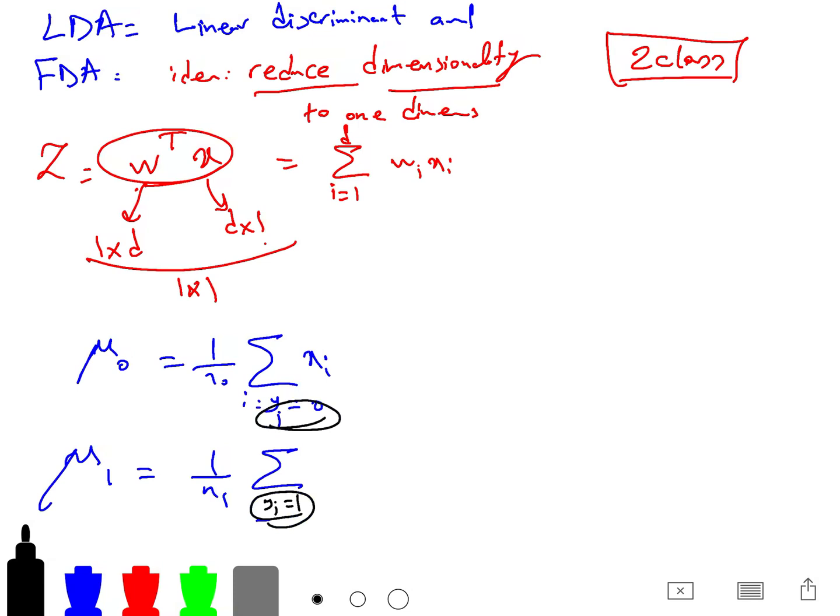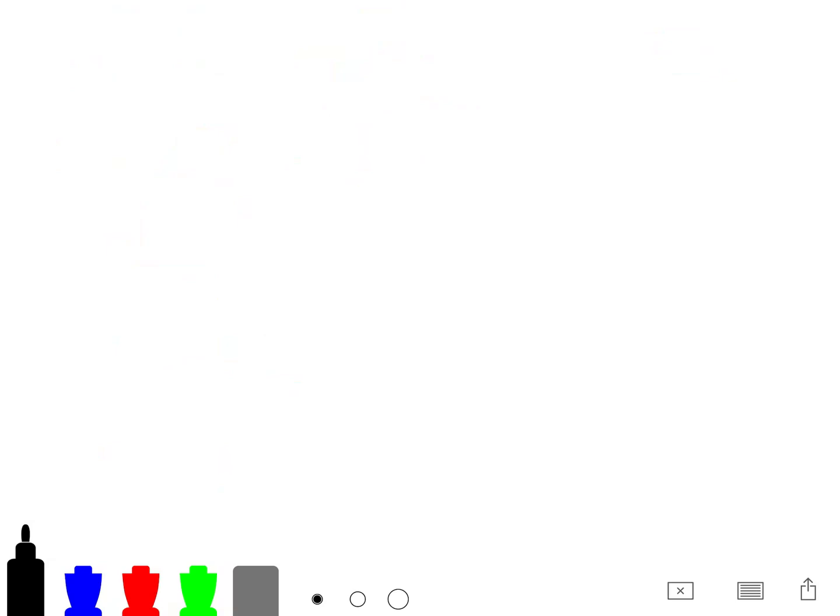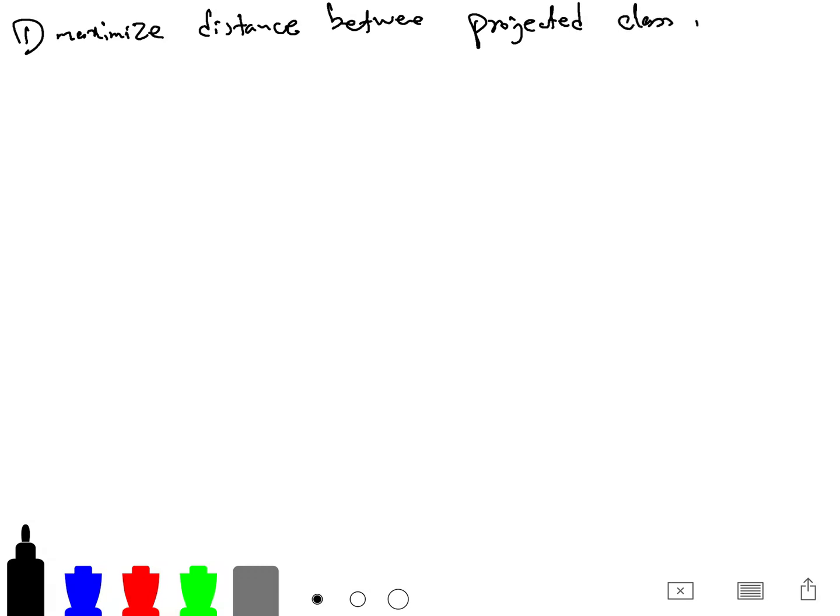So now goal 1 in Fisher discriminant analysis is to maximize the distance between projected class means.